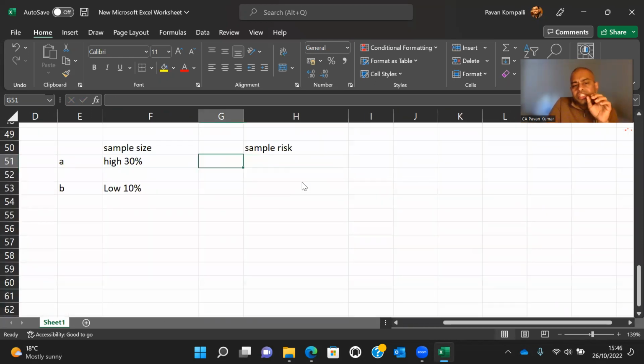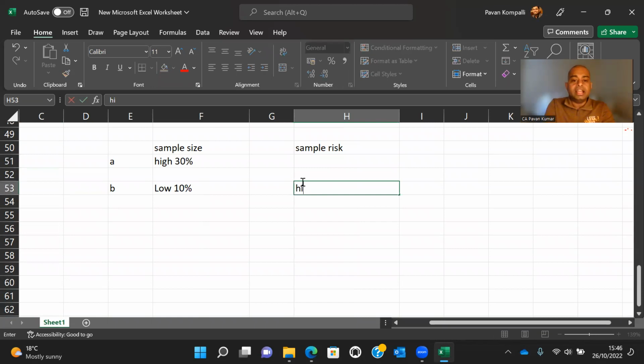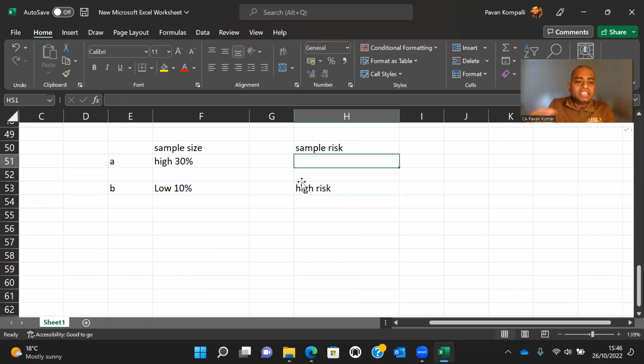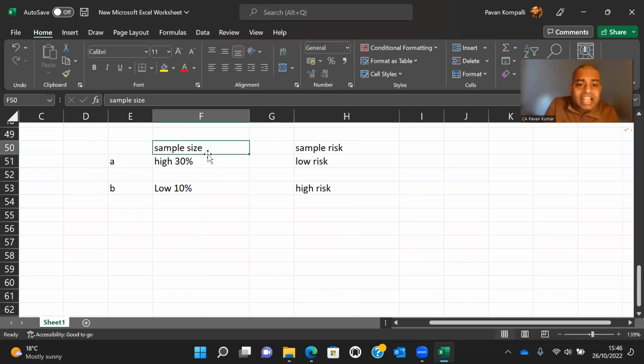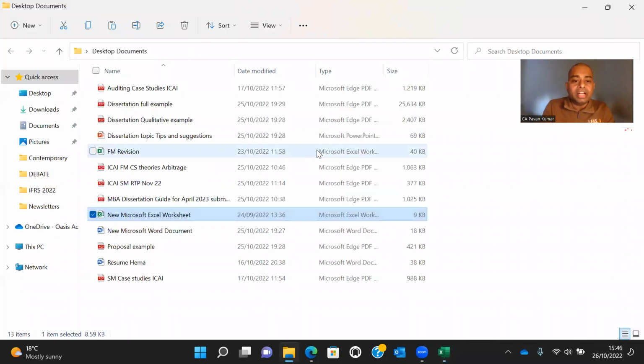In situation B risk is high. So can I say situation A low risk? That means sample size and sample risk are not directly related, they are inversely related. So a high sample size will result in low sample risk. Low sample size will reflect in high sample risk.